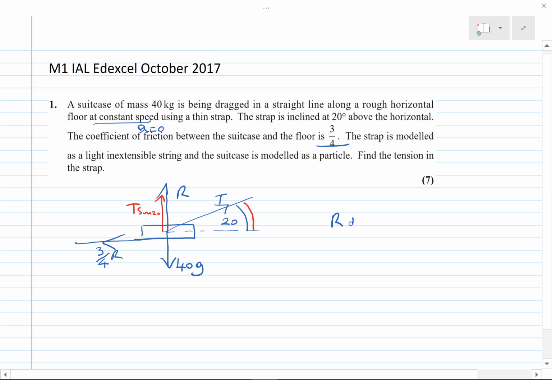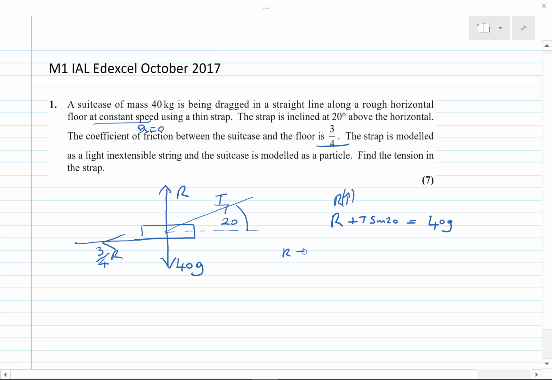So that's plus T sine 20, and that's equal to the weight, so those are both going up, equals the weight, which is 40g. Right, so that was my resolving vertically equation.